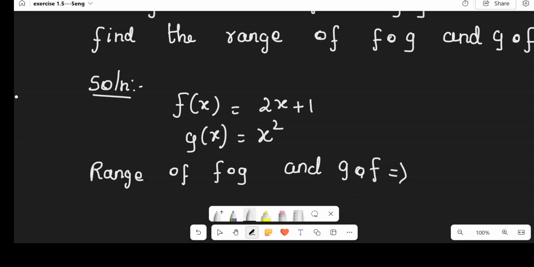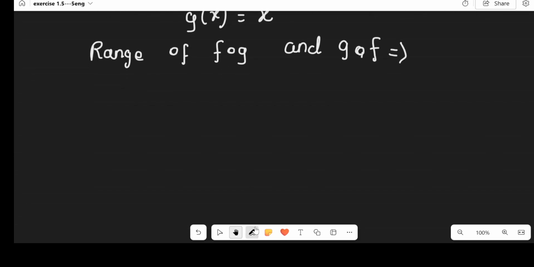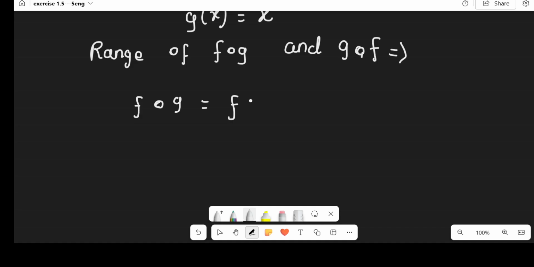Now we are going to find out the value of f of g first. F of g. Here, according to the concept of composition of function, what would be the expansion of f of g? We can write f of g as f of g of x.